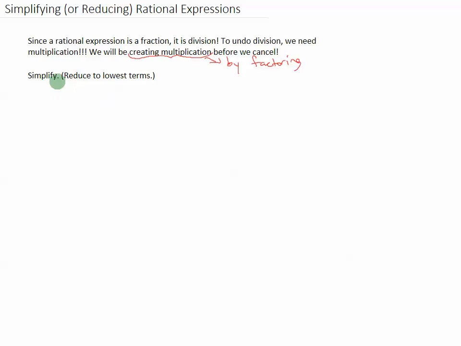Let's say we want to simplify x minus 3 times x plus 5 over x plus 5 times x plus 4. We're just trying to reduce this. Well, the fraction bar here is division. The top, on the surface, is multiplication.